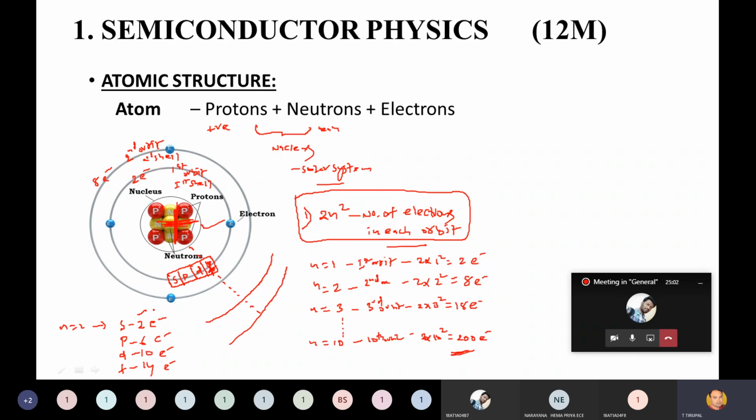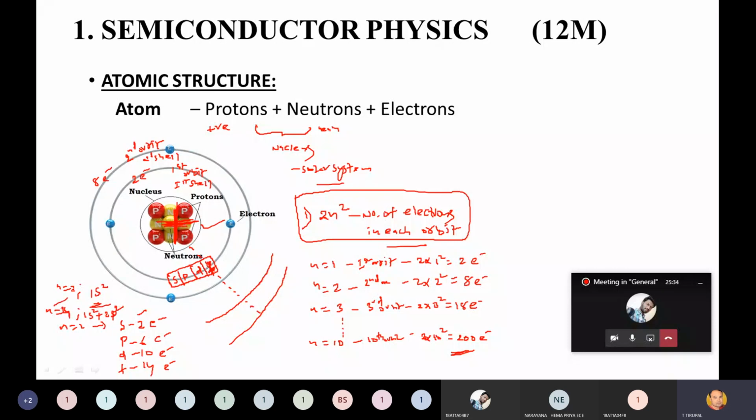Now here, suppose n is equal to 1, then you can write this as 1s squared. Likewise, if n is equal to 2, you can write it as 1s squared plus 2s squared plus 2p squared, because s squared plus p squared is occupied by 2 plus 2 electrons, which means 4 electrons.